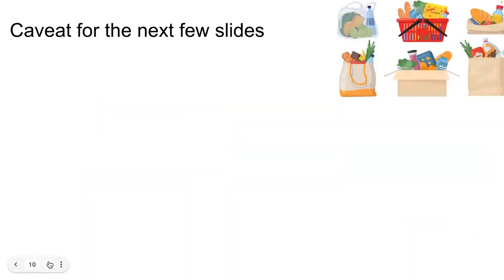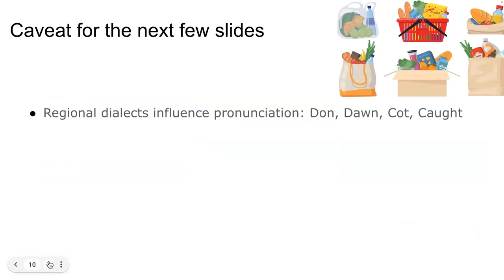So something to remember as we look at the next few slides, regional dialects are going to influence pronunciation even within the same country. For example, in the United States, some parts of the United States distinguish between the sounds of the names Don and Dawn, or cot and caught.